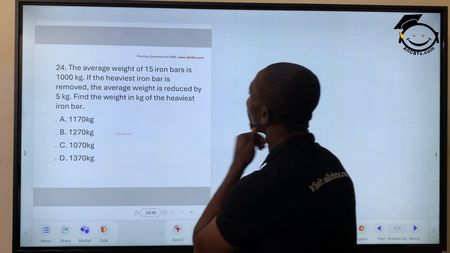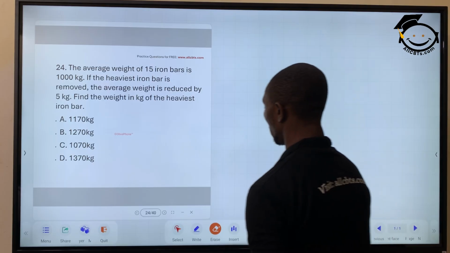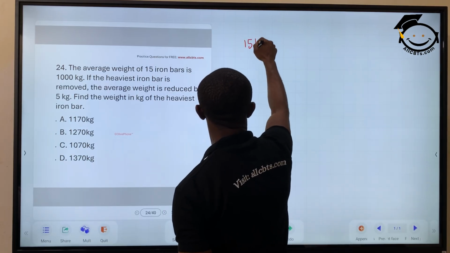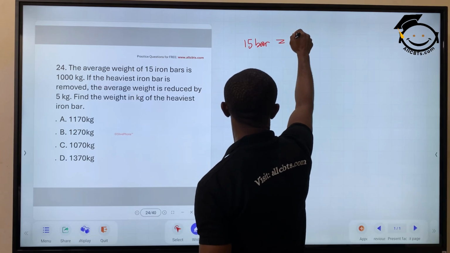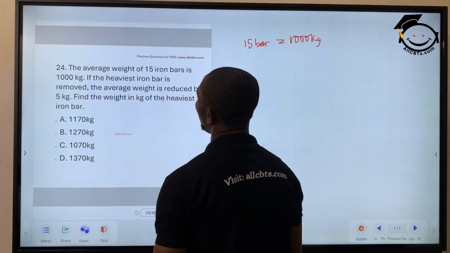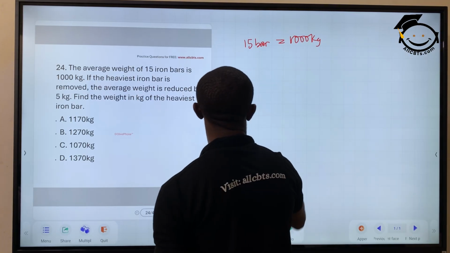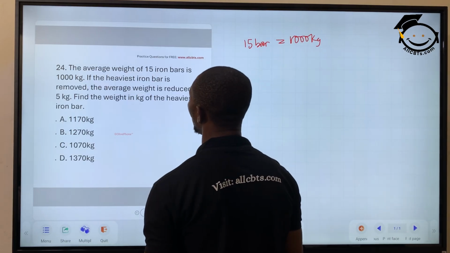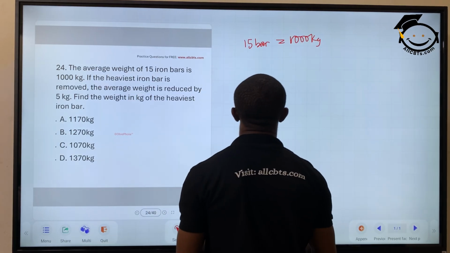The average weight of 15 iron bars is 1000 kg. If the heaviest is removed, the average weight is reduced by 5 kg. Find the weight of the heaviest iron bar.